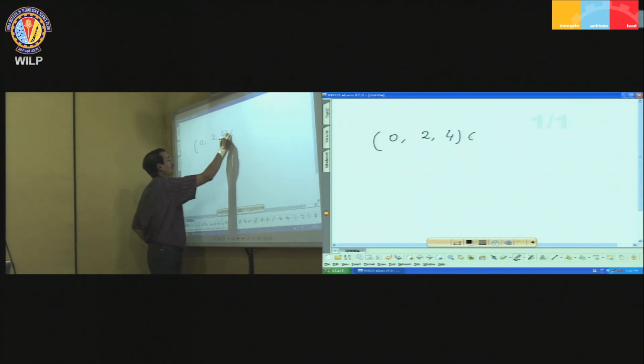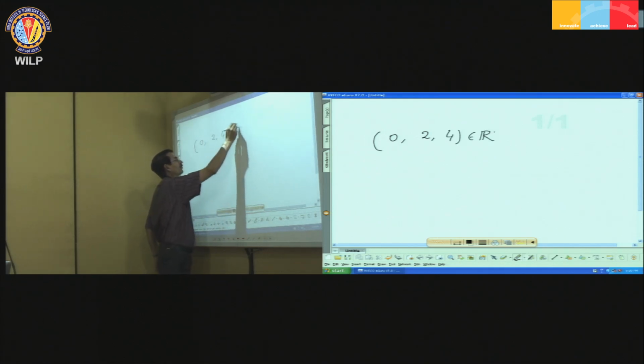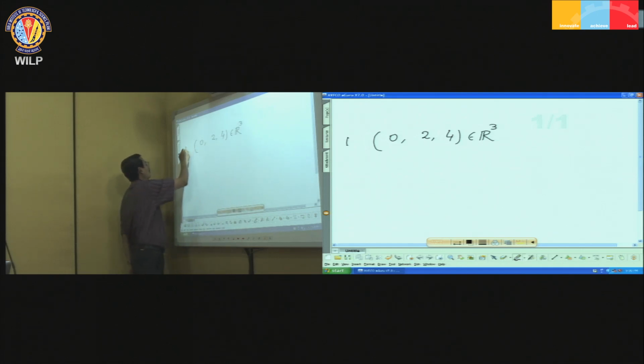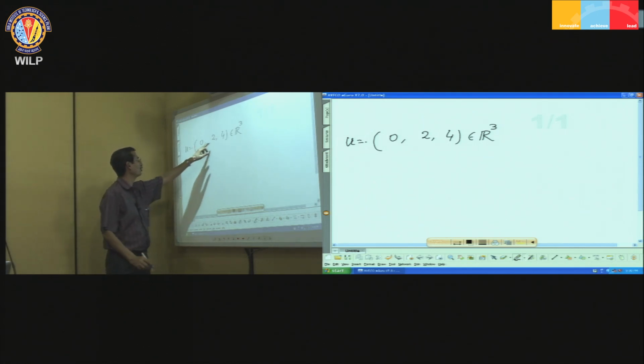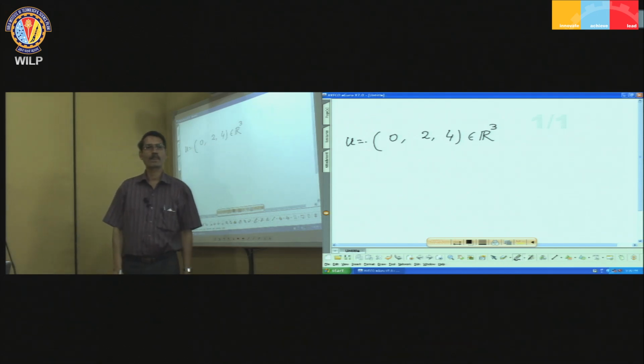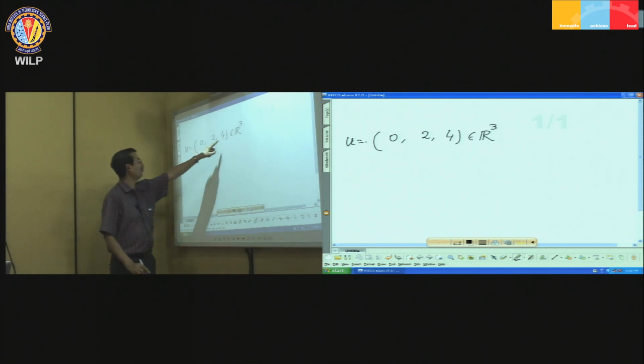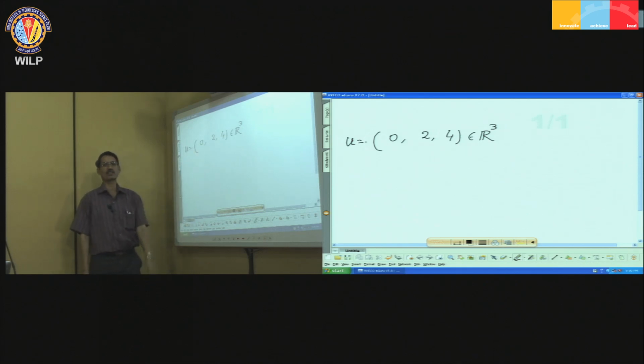This belongs to R3. Suppose u is it in normalized form or not? See the entries 0, 2 and 4. The largest entry should be 1. So, the largest entry here is 4, therefore, it is not in the normalized form.